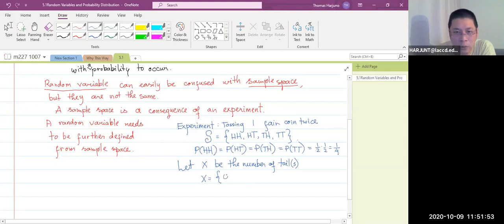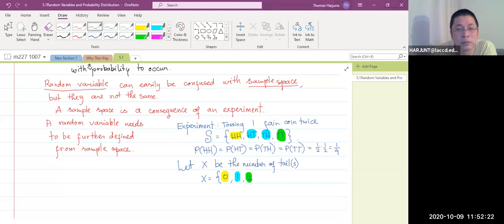Possibly 0, which corresponds to this event. Possibly 1, which corresponds to these 2 events here. Possibly 2, which corresponds to this event. The sample space here, because its outcomes are not numerical, won't be a random variable.